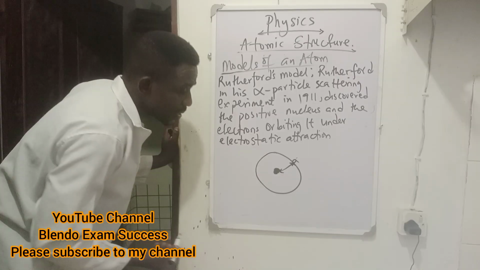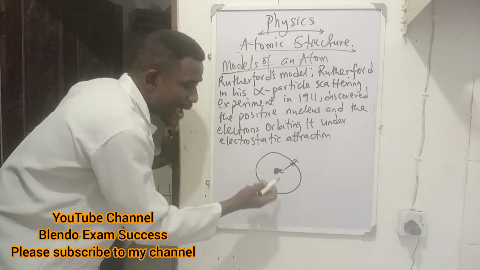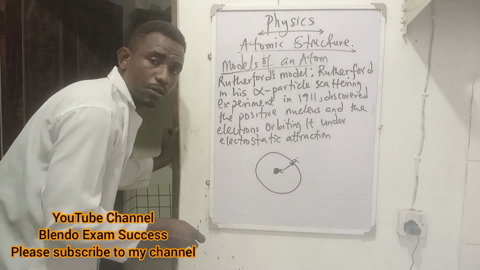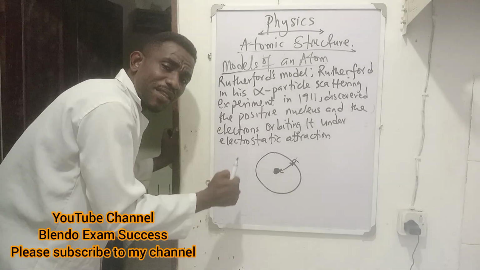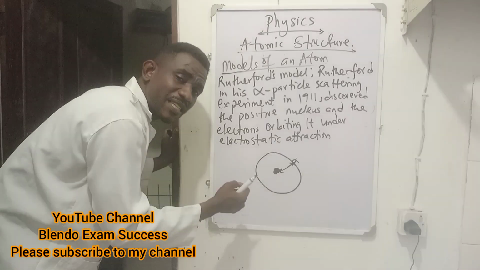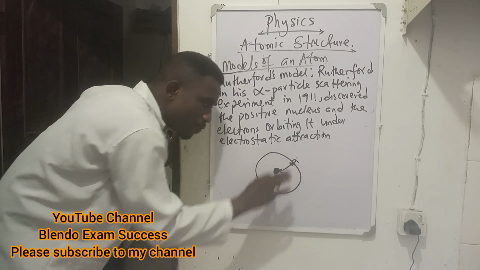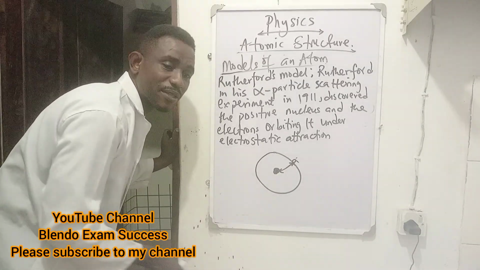In this case, he was unable to account for why the electron did not fall inside the nucleus, because if it is attracted by a positively charged particle inside the nucleus, it should have the ability to fall inside it, but he was unable to account for that.